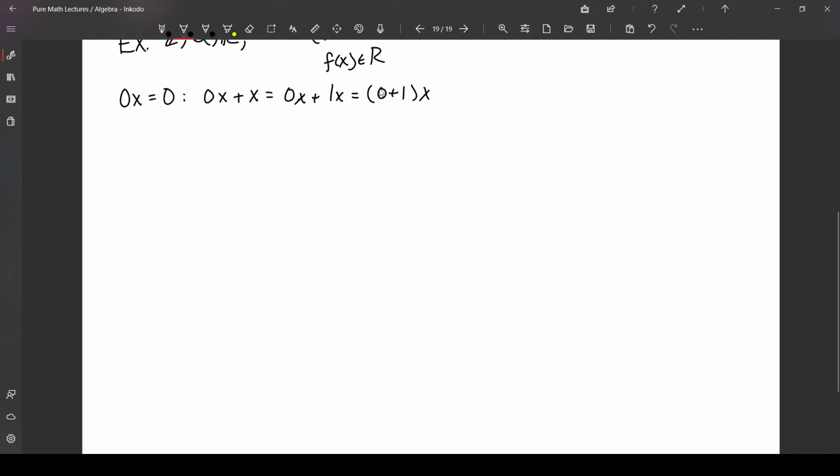Now 0 plus 1, 0 is an additive identity, so this is just 1x, and 1x is equal to x. So we can subtract x on both sides, or take the additive inverse on both sides, and that gives us 0x equals 0 as desired. A very similar proof using the left distributive law will also give x times 0 is 0.